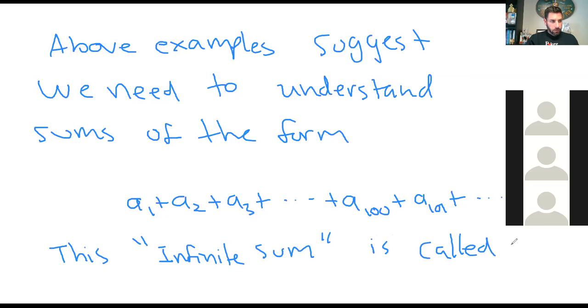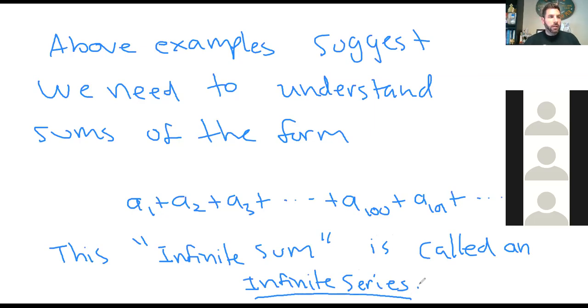It's called an infinite series. So you've now learned a new word. It's called an infinite series. So basically I'm saying if I have an endless list of numbers, I can add them together. And we don't call it an infinite sum. We call it a series.